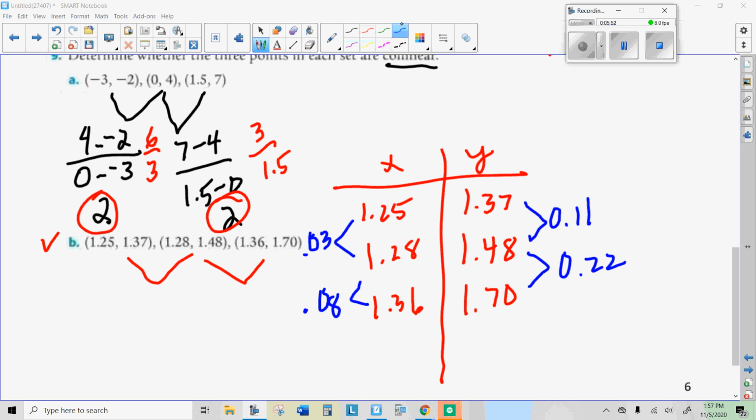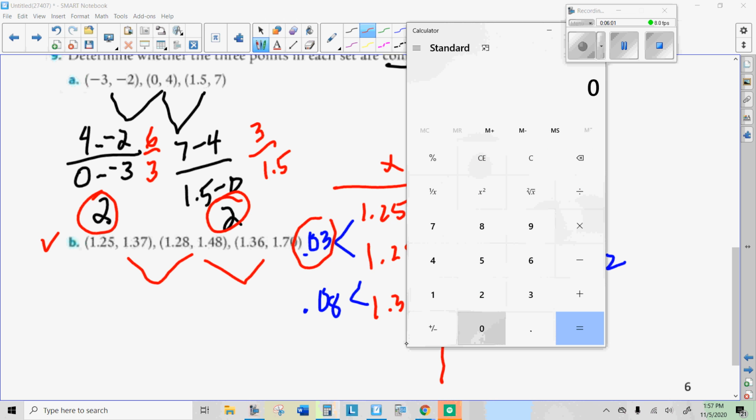Okay, so these didn't work out for me. When you take this rise, 0.11, divided by this run, 0.03, you get 3.6.